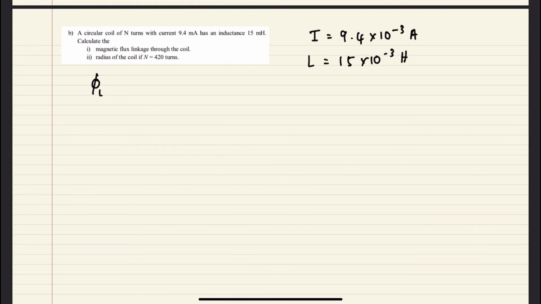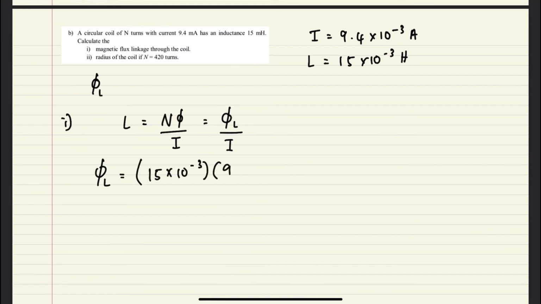I can use L equals N Φ over I. Like I told before, NΦ is equal to the flux linkage. Sometimes they use capital Φ, same thing. L is given, I is given, you can straight away find it. So the magnetic flux linkage is equal to L times I, 9.4 times 10 to the negative 3.